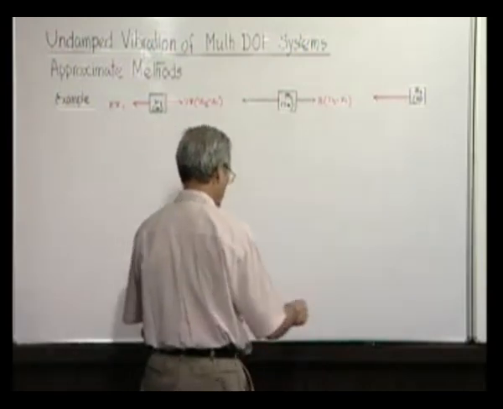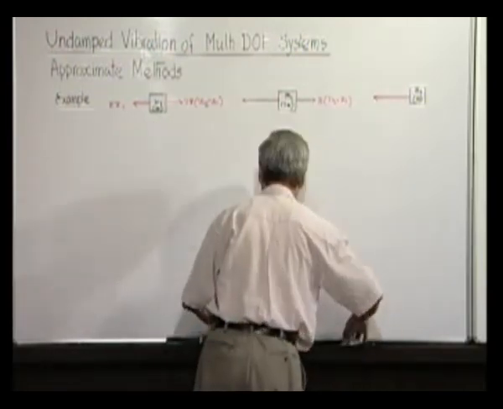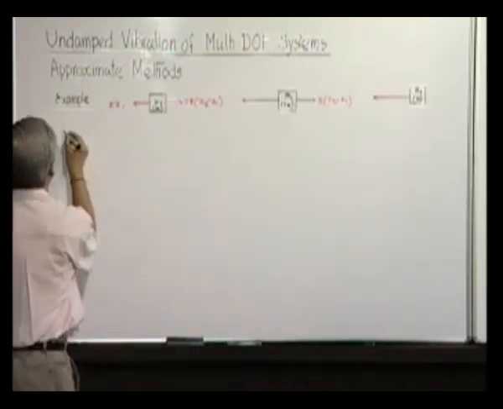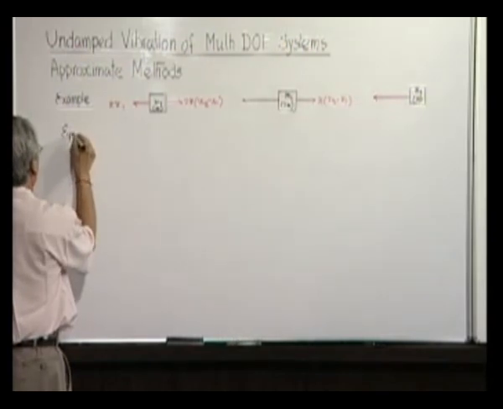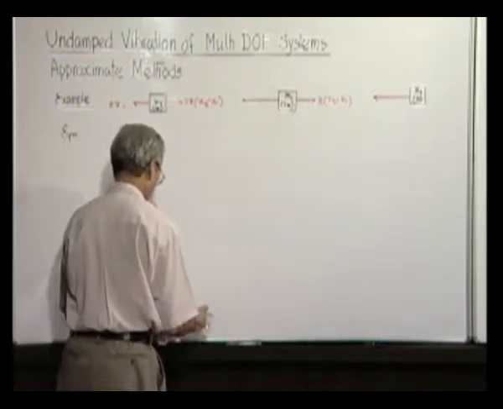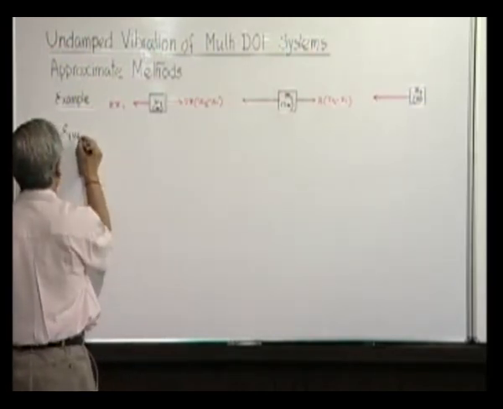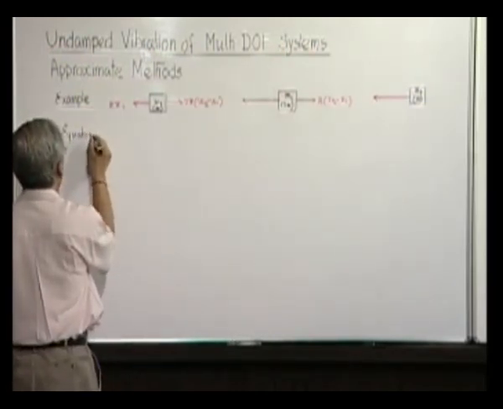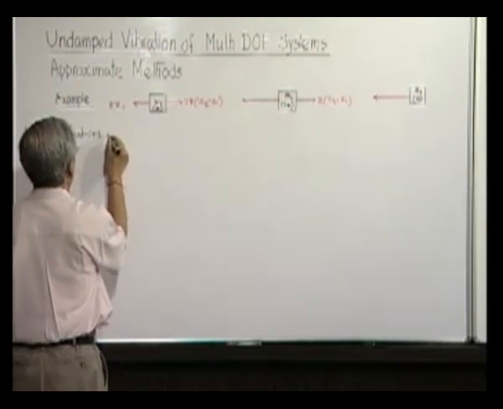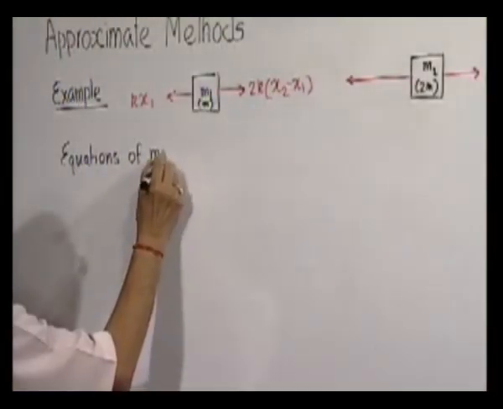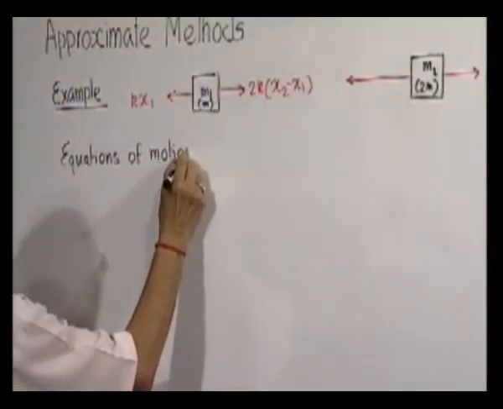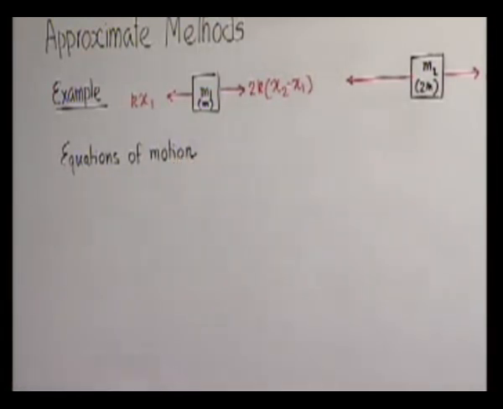So the equations of motion can be written for the 3 masses.